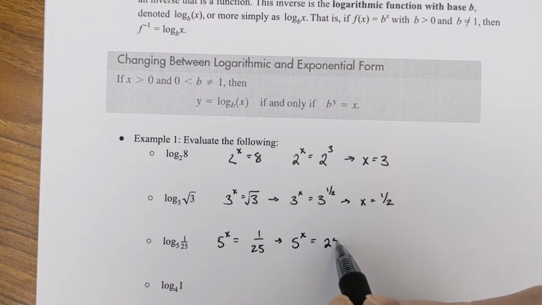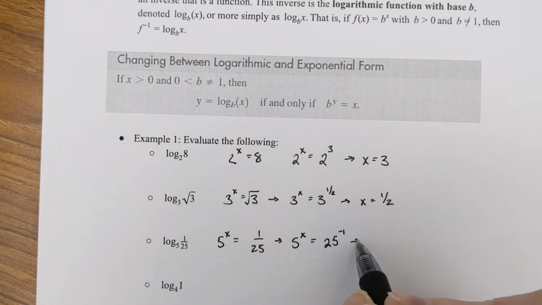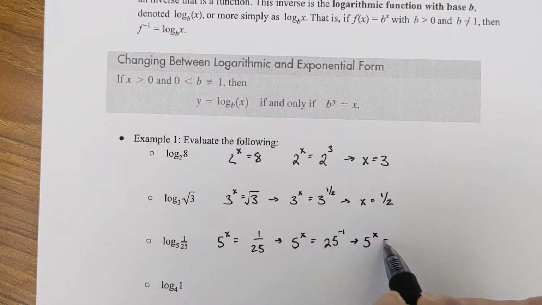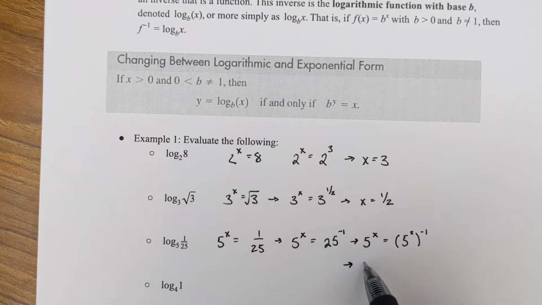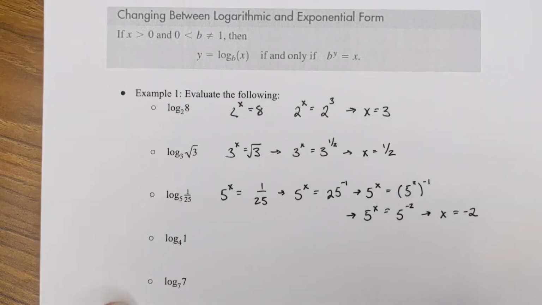First, I'm going to bring that 25 out of the bottom of the fraction by giving it a negative exponent. Now I have to write 25 as a power of 5. So 25 is 5 squared. When you raise a power to a power, they multiply, which means that x is equal to -2.